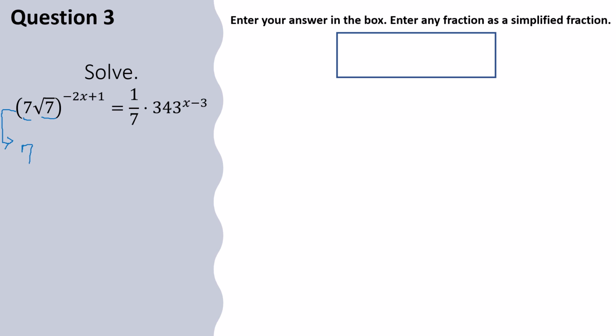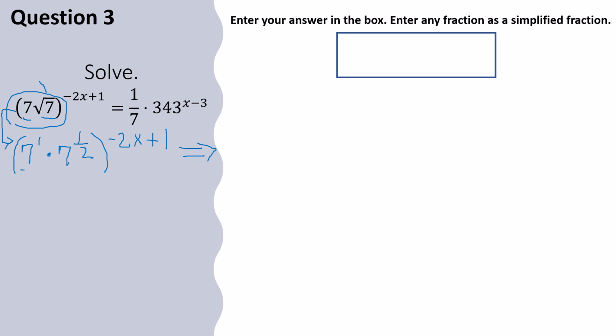So 7 is 7 to the first power times the square root of 7. That's 7 to the 1/2 power. I'm going to put that in parentheses as it is right here. And all that's being raised to the negative 2x plus 1. Let me just look at that for a minute and keep simplifying that.